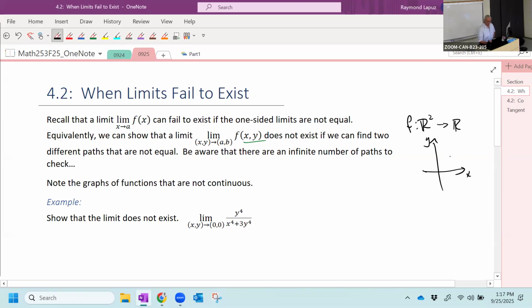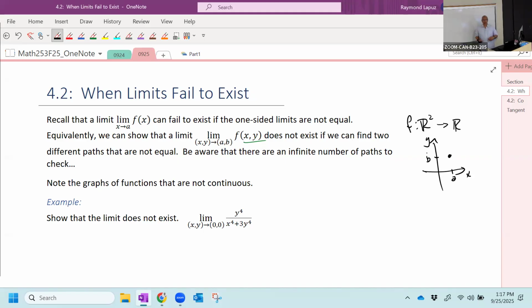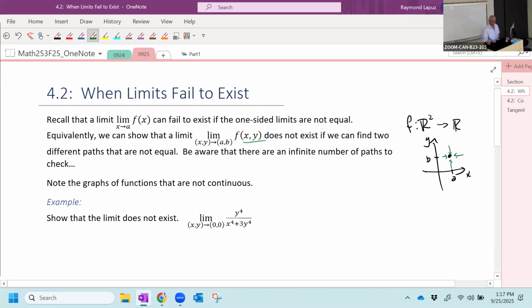Now, if your point AB is going to be some random point on the domain, then it's some random point on the XY plane. And now let's take a look at a path to get there. Well, there's a path that's going horizontal and a path that's going vertical.